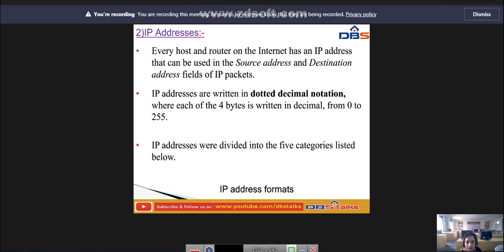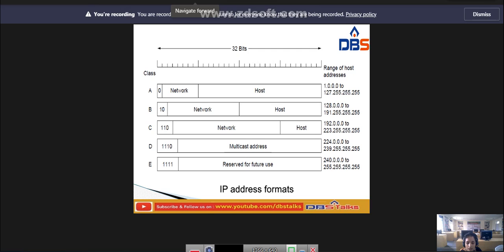The network numbers are managed by a non-profit corporation called the Internet Corporation for Assigned Names and Numbers to avoid conflicts.